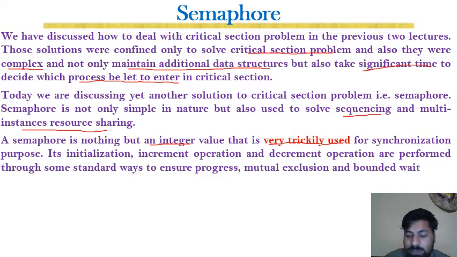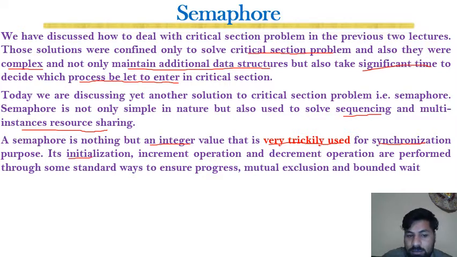Very strictly, we will discuss later in this lecture. But the use of this integer value is a really tricky one, and it is for synchronization purposes, for the critical section, for sequencing, and for multi-instance resource sharing, right?